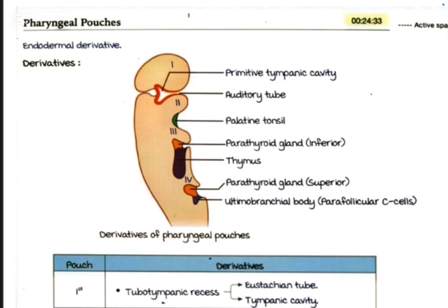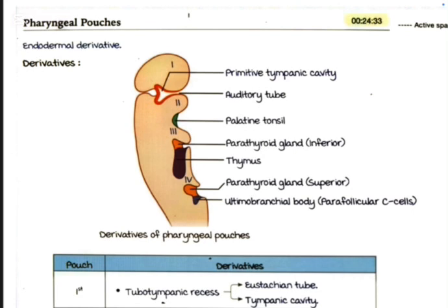Pharyngeal pouches, endodermal derivative. उसने खुद को काट डाला और फिर वो उस डॉग के किनारे से गिर गया। Derivatives of pharyngeal pouches. First, second, third, fourth.